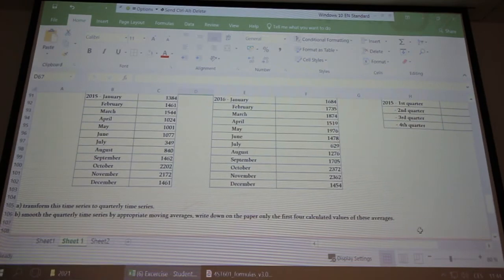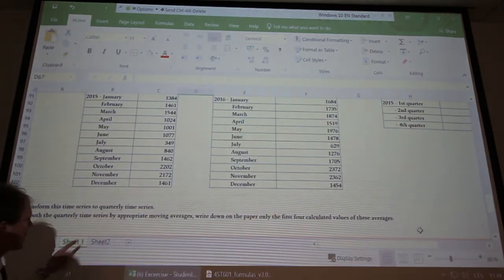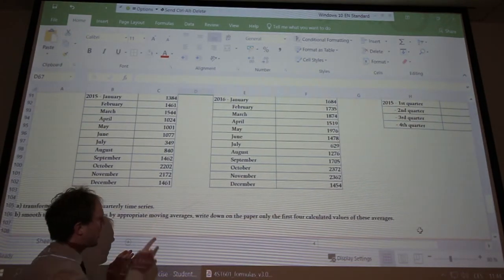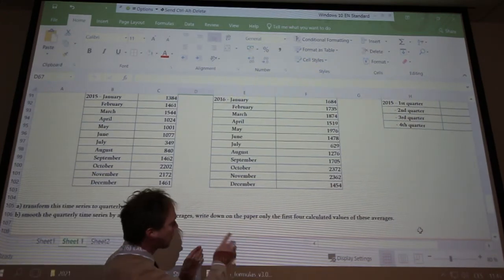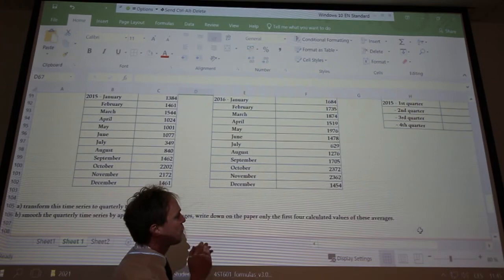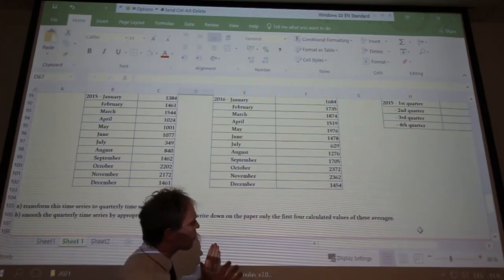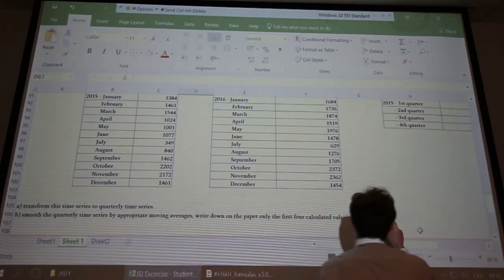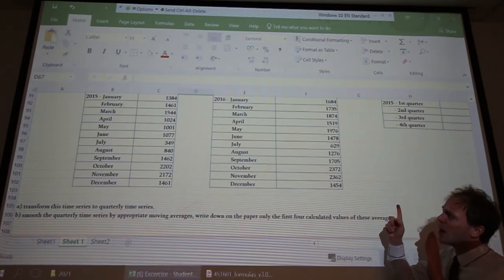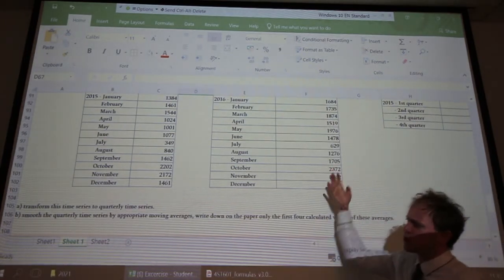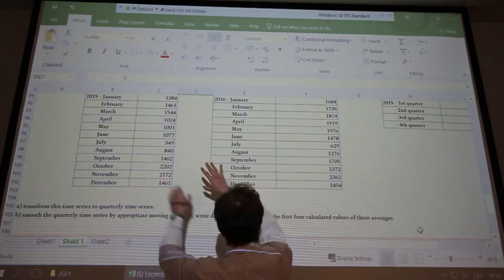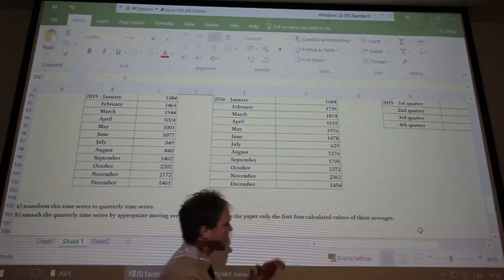After, we will smooth the quarterly time series by appropriate moving averages. We will write down on the paper only the first 4 calculated values of these averages. So we will do the transformation to a quarterly time series in Excel.